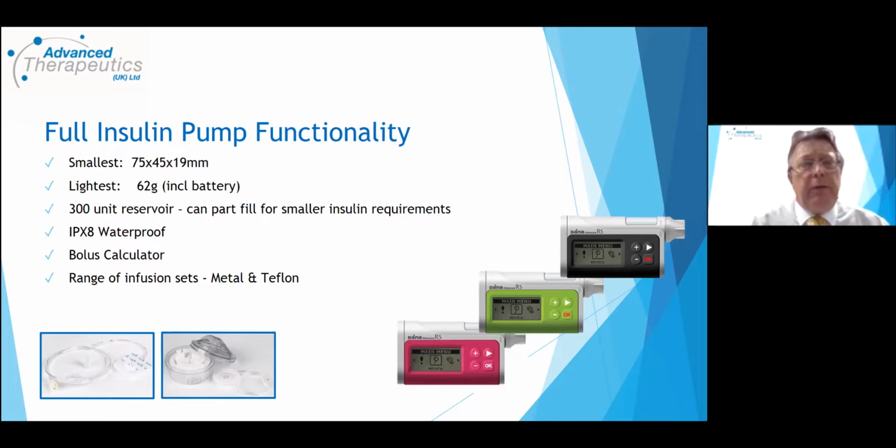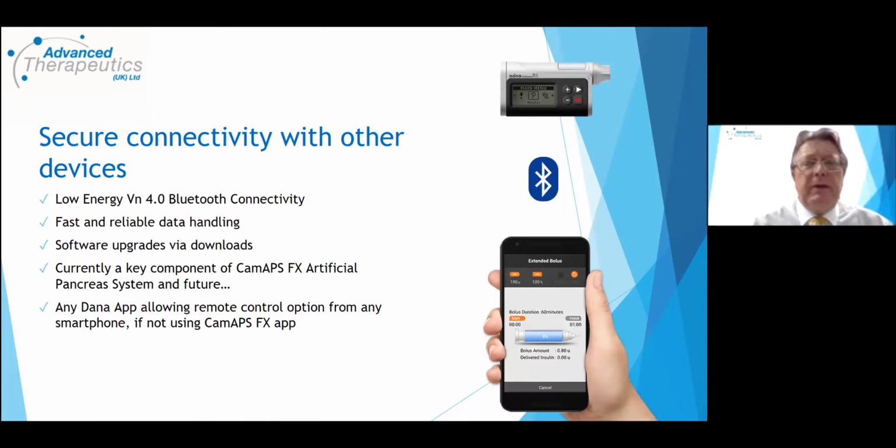The key thing about the pump and why it's being used in artificial pancreas systems, if you can go on to the next slide, please. It provides secure connectivity with other devices such as Dexcom G6 CGM through a low energy Bluetooth, which enables secure Bluetooth connectivity to smartphones and apps, and also reduces battery drain.